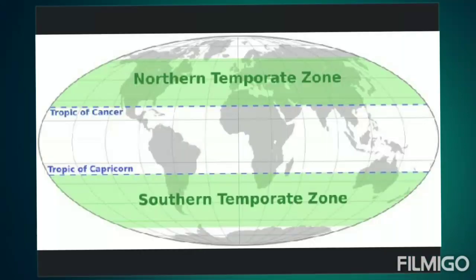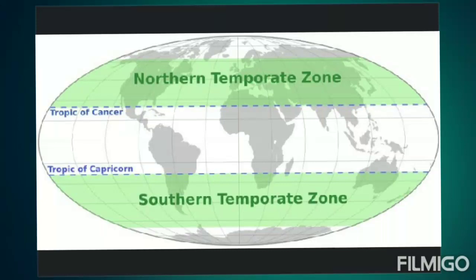I repeat again, the northern temperate zone lies between Tropic of Cancer and the Arctic Circle. And the southern temperate zone lies between Tropic of Capricorn and the Antarctic Circle.